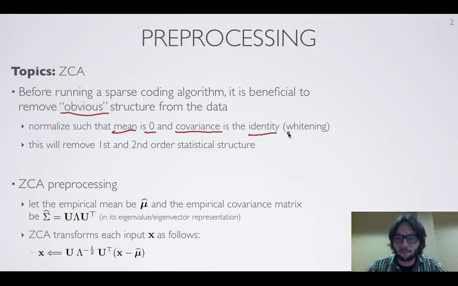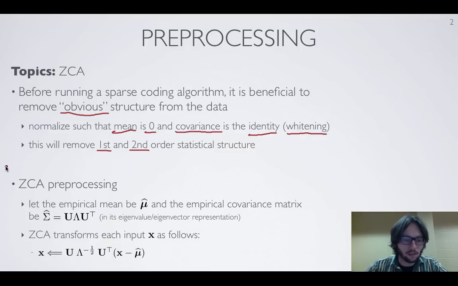That's a process known as whitening. In statistical jargon, we will say that by doing this, we remove the first and second order statistical structure in our data. It means that our sparse coding algorithm will then perhaps extract structure that's a bit more complicated, of a higher order.